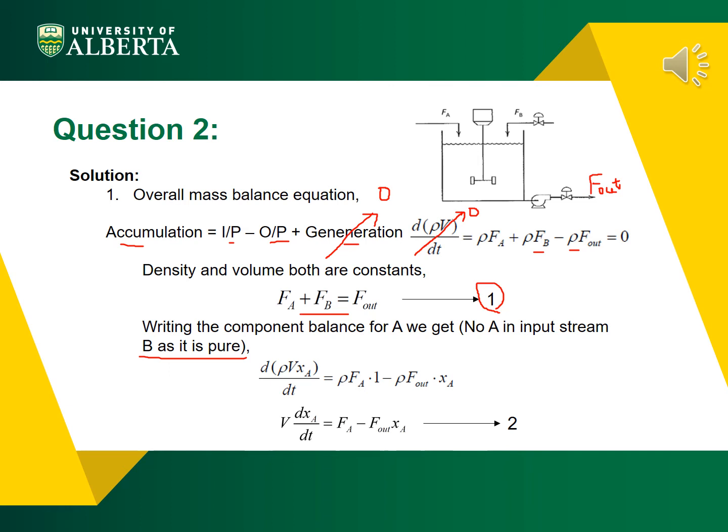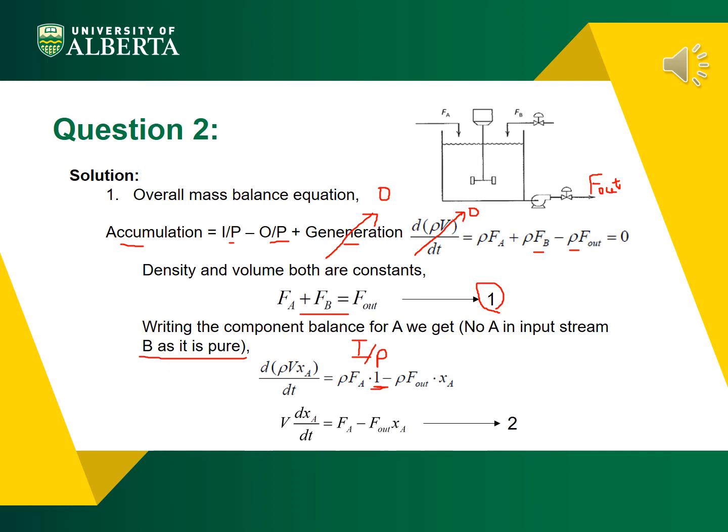And on the right hand side, the input is rho into Fa into 1 because the stream Fa contains only A, it is 100% pure. So we have a factor 1 here. And then Xa is the mass fraction of A in the outlet stream, so the output would be rho into F out into Xa.